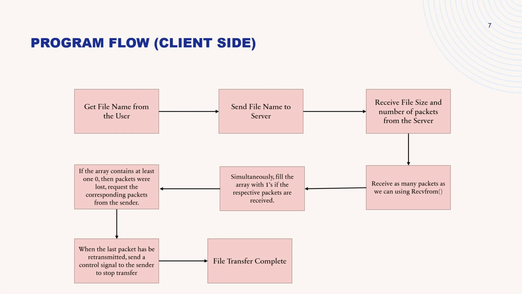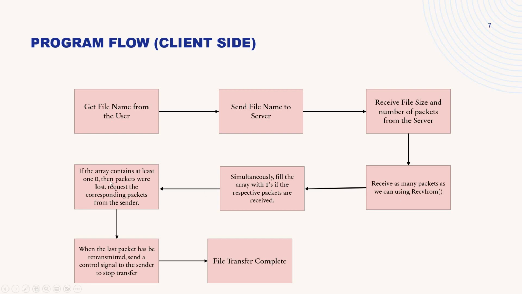Generally, in case of packet loss, we won't get all the packets here itself. So that's why we have to ask the server again. As we've seen, we fill the array with ones if we receive that particular packet, or else it stays as 0.